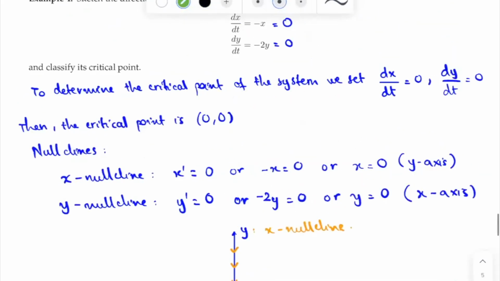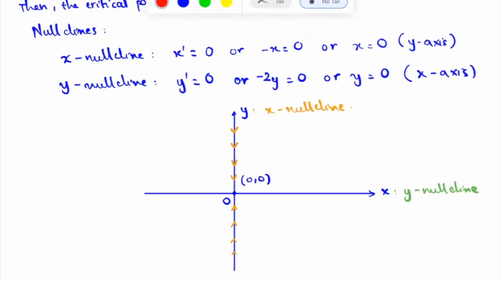Right? Now for the y nullcline, it depends on this equation right here, dy/dt equals negative 2y. So when y is positive, dy/dt is negative, so it's decreasing. And when y is negative, then dy/dt is positive, so it's increasing.